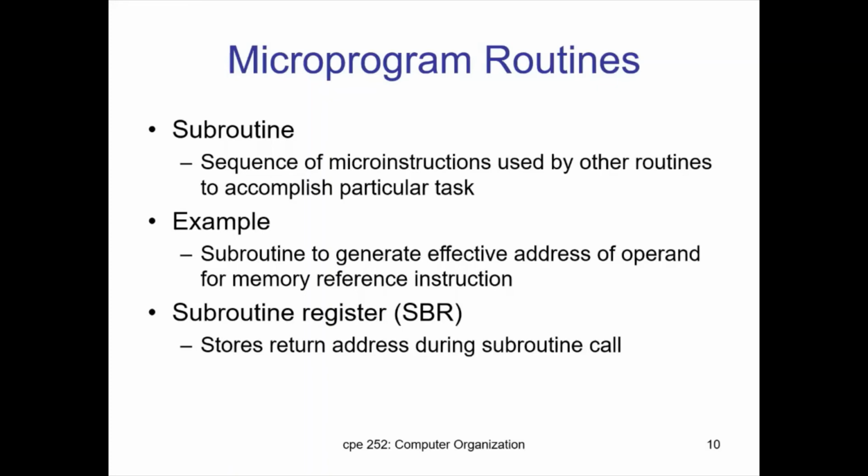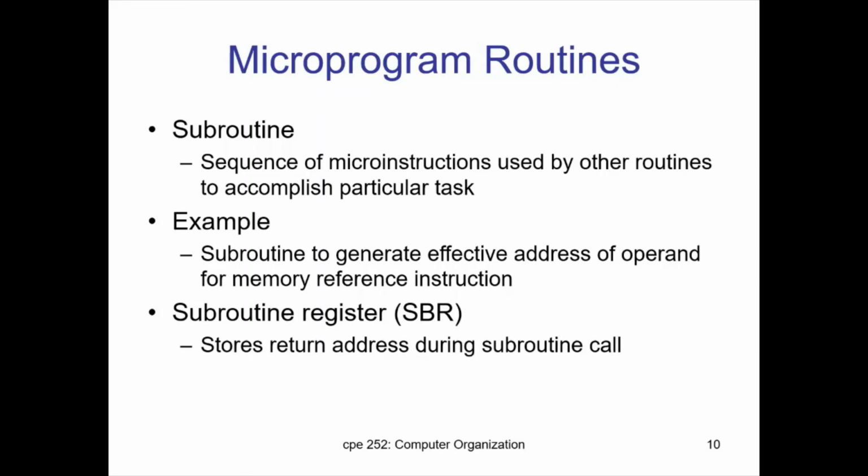Address of operand for memory reference instruction. It will tell, yes, this is someone's Gmail account, this is someone's video, or this is someone's audio file. That file is controlled by the SBR, the subroutine register. It stores the return address during the subroutine call.